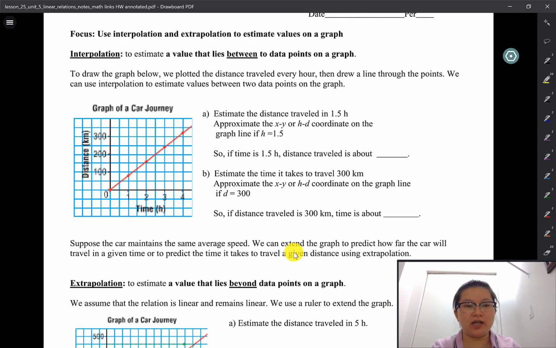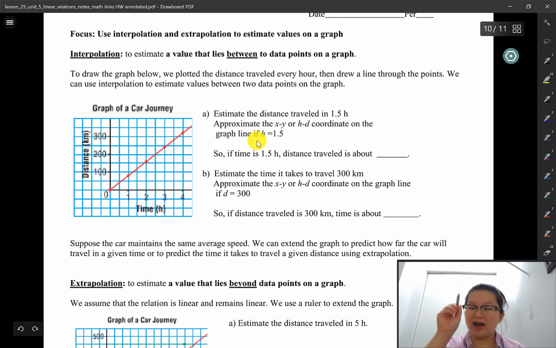So let's get started. We have a graph below, just like in our previous example. This is the distance traveled by a car over time. It is a continuous graph because even between 0 and 1 hour, the car is still moving away. So the first thing we want to do when we get a graph, and let's say we're asked to estimate the distance traveled in 1.5 hours approximately.